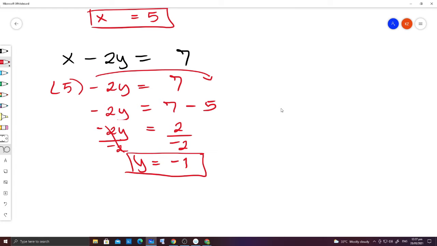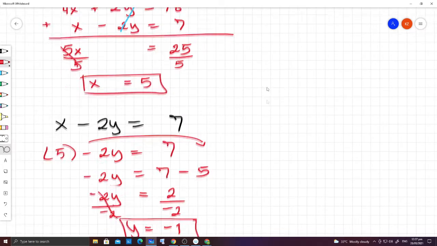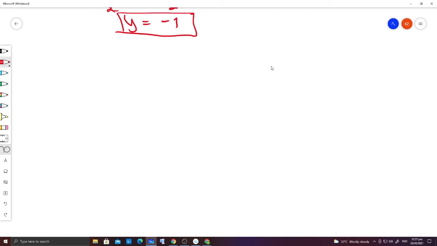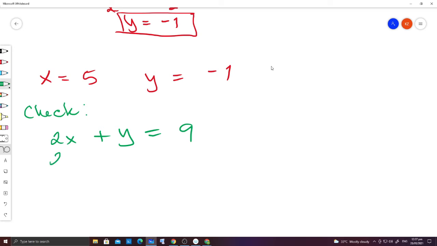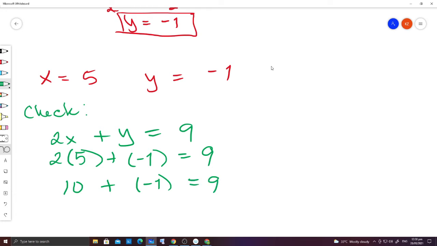So next, let us check if our answer is correct. So I will write first the answer. x is equal to 5 and y equals negative 1. Now from the first equation, to check if your answer is correct, 2x plus y equals 9. So 2 times 5, plus negative 1 equals 9. So we have 10 plus negative 1, or 10 minus 1, is 9, equals 9.